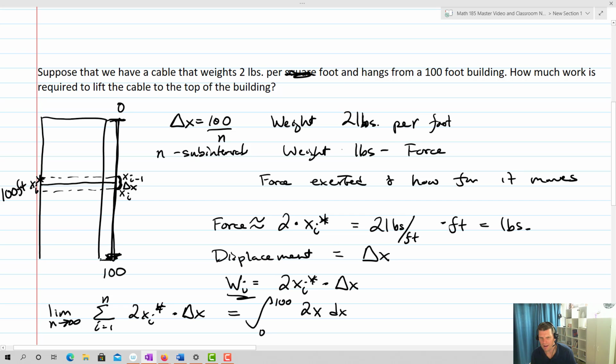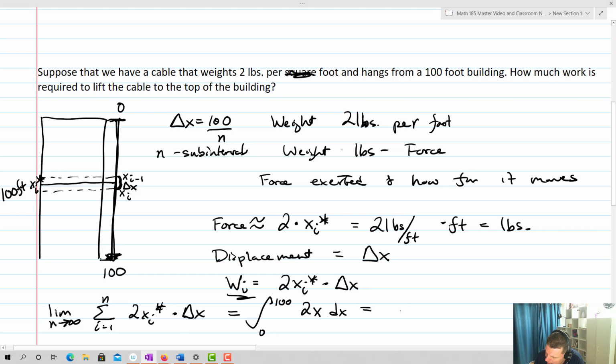We've seen that before now a lot, right? So what we've done is we've taken the force function and integrated it, and by integrating it, that actually multiplies it over the distance and allows that force to vary over the entirety of the distance of the building.